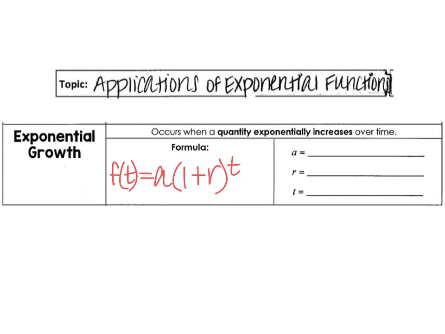Where A is the initial amount, that's what you start with. R is the growth rate, and we always want it as a decimal. And T stands for time.